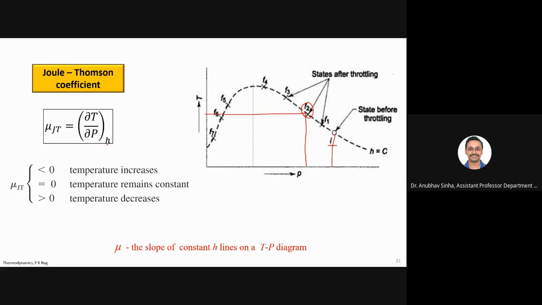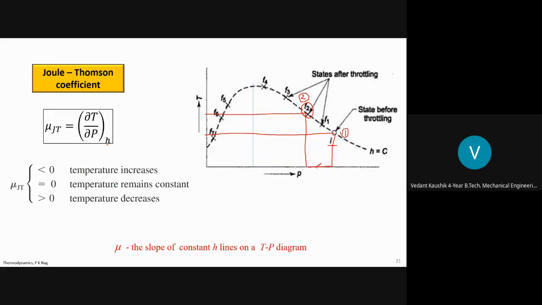So what has changed? Pressure has decreased, right? If you go from 1 to 2, let us say this is 1, this is 2, pressure has increased or decreased? Decrease, sir.